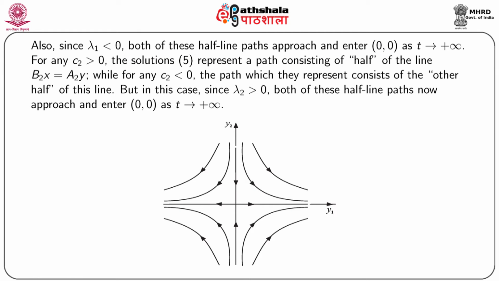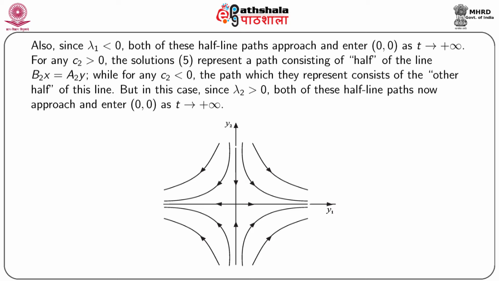So, in this case, since lambda 1 is negative, we will get this as a half of the line which is approaching the point 0 0, and this as another half of the line which is again approaching 0 0.